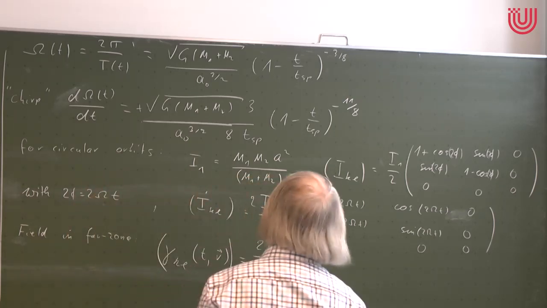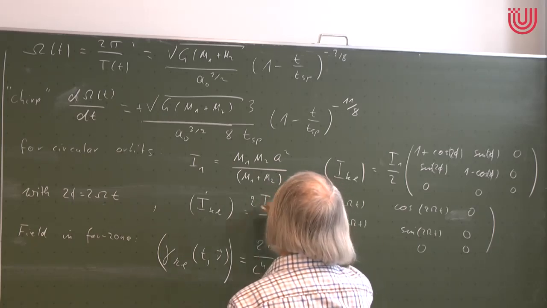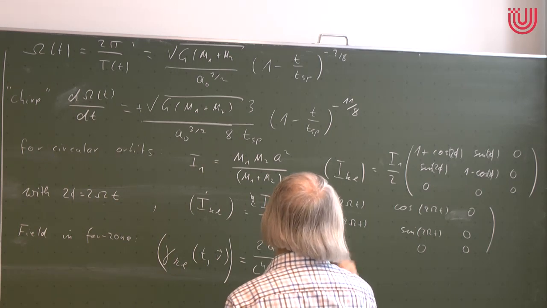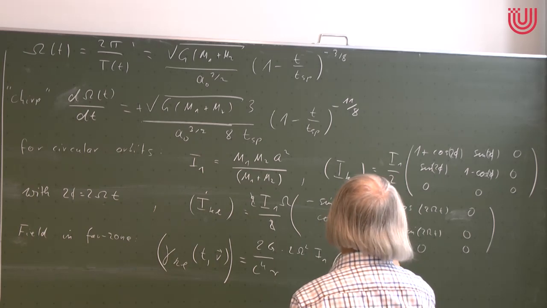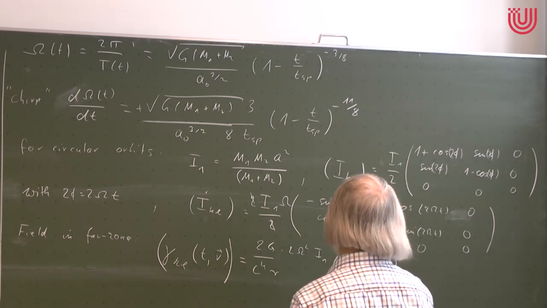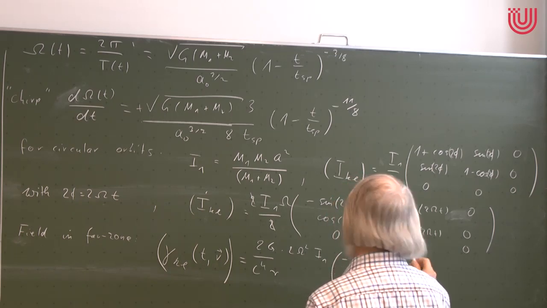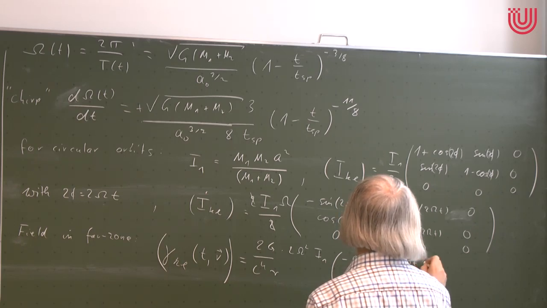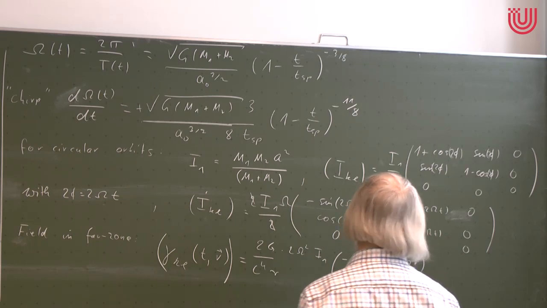And then this differentiated gives another 2 omega. So I have 2 omega squared I1. And then this differentiated gives minus cosine 2 omega times the retarded time, t minus r over c, and so on, with 2 omega r over c.